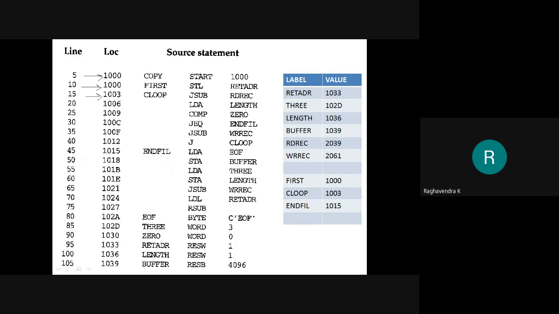Because we know that one instruction in SIC occupies 3 bytes. So that's why the next address was 1003. Next instruction is 1006. Next instruction is 1009. Next instruction is 100C. Then 100F, 1012, 1015. ENDFIL we have got 1015. And next is 1018. We have just simply added 3 to every instruction.